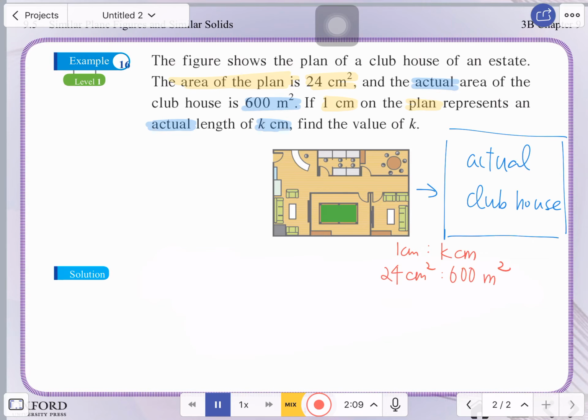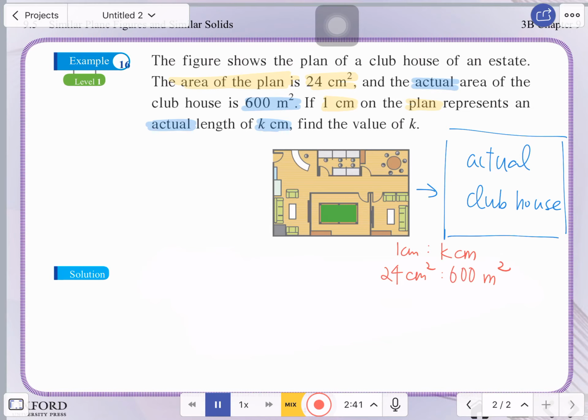For the plan, all of the lengths are represented in cm. And for the clubhouse, the length is also in cm, but the area is meter square. So for the plan, all of the area and length are in terms of cm and cm square, and for the actual clubhouse, the area itself is meter square.